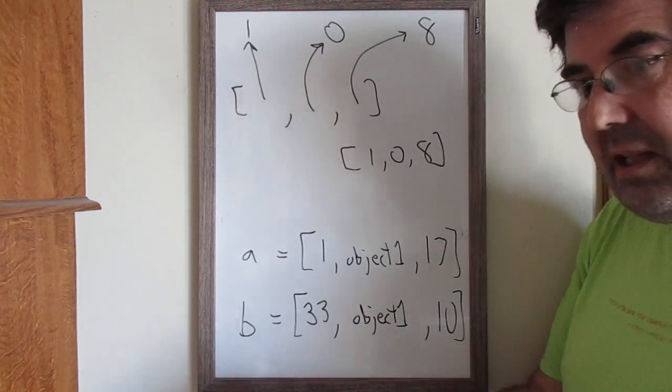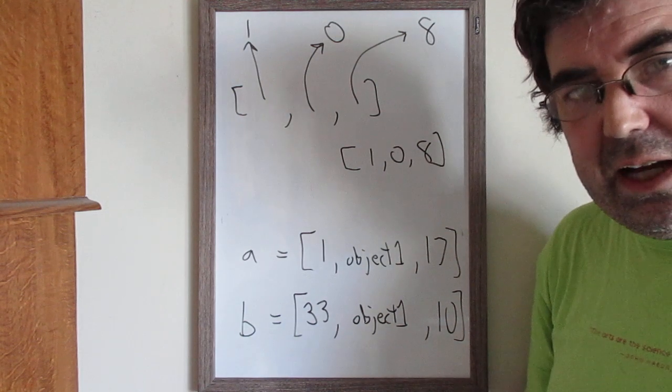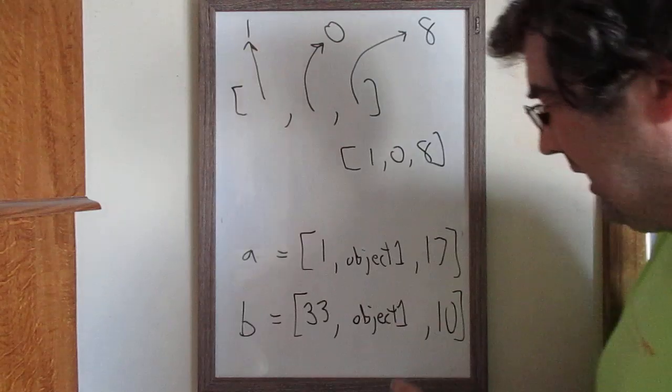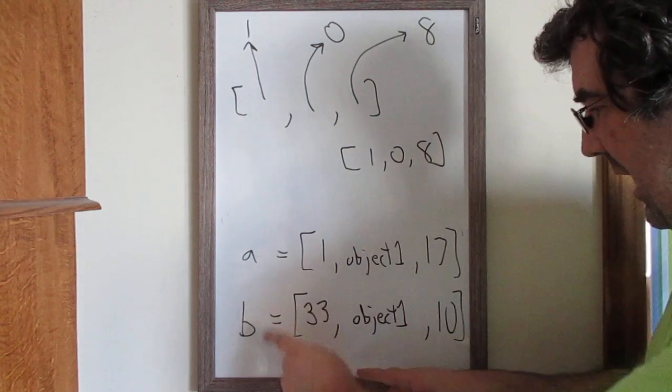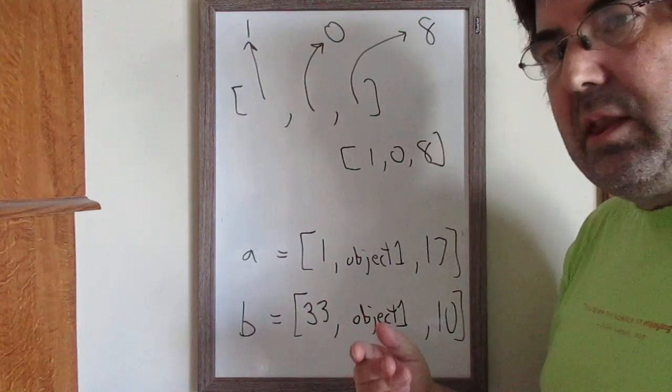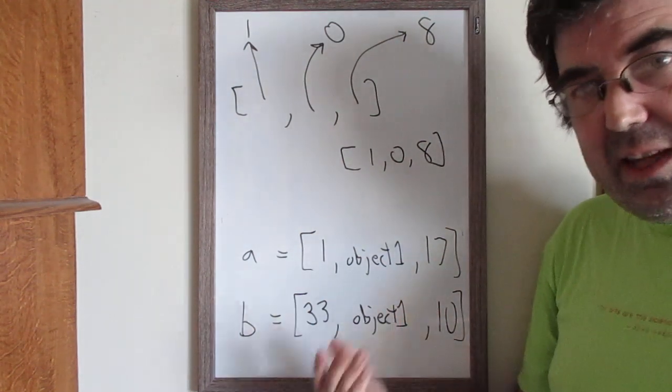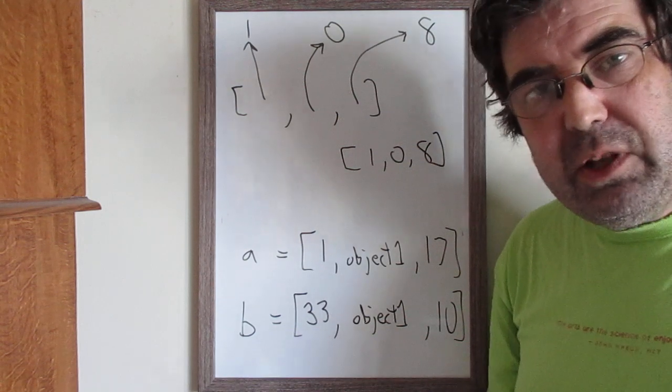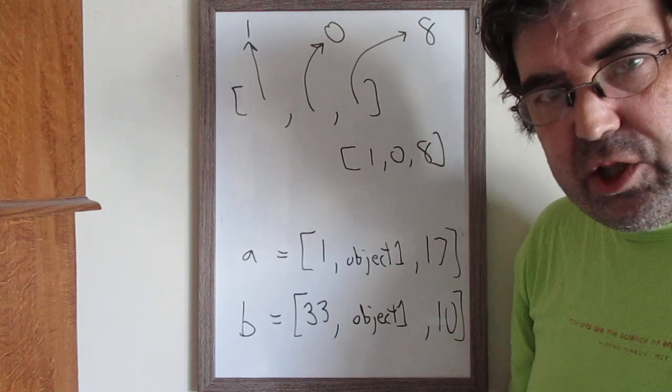It's not a second copy of the value that's put somewhere else in the memory chip. So the array A and the array B both refer to the same copy of the same value at the same location on the memory chip.